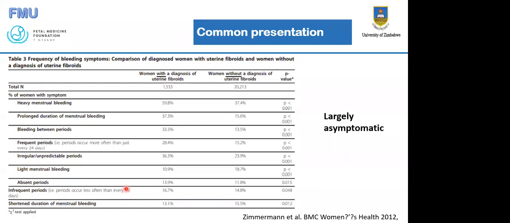If we were to take Black women around the age of 45 and scan them, we may find that 50% of them have fibroids, and the majority of them are asymptomatic. But if we take young women around the age of 20, 21, probably 1 to 2%, or less than 5% of them, are going to have fibroids.